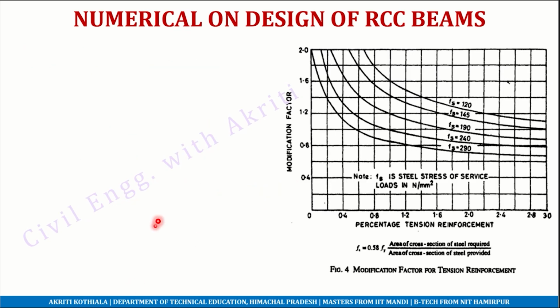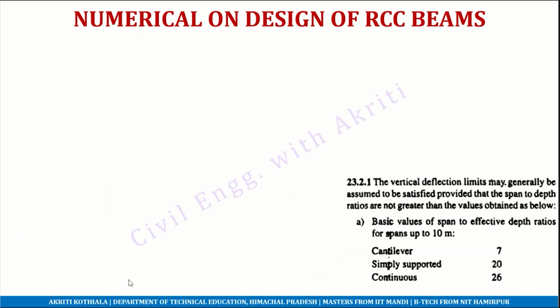Now moving on to the next step, we will be carrying out the check for deflection. This is as per clause 23.2. As per clause 23.2.1, we can calculate the maximum vertical deflection limits, and for simply supported, the factor provided is 20.